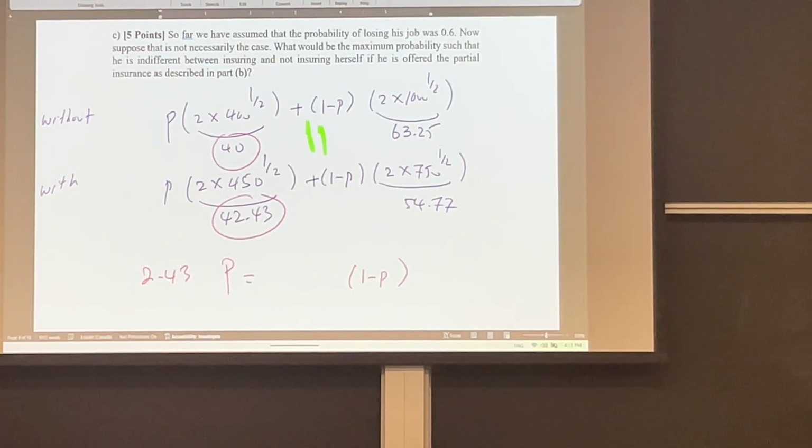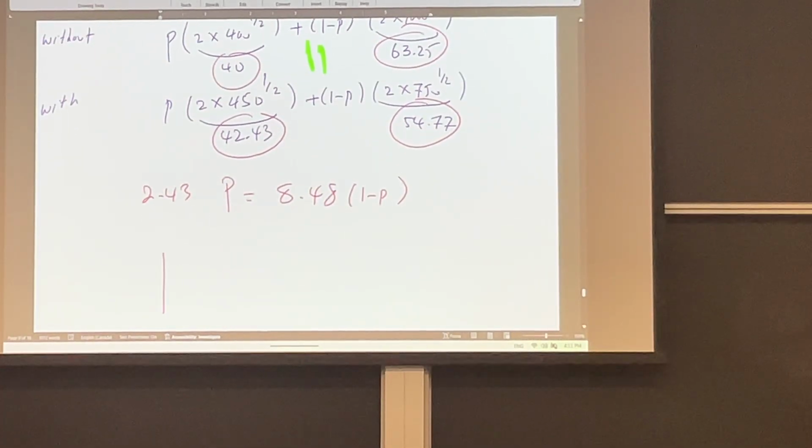How much is it? 53.25 minus 54.77. What do you get? What is this minus this? 8.4? 8. So the probability should be 8.48. 2.43 plus 8.48, which is how much?